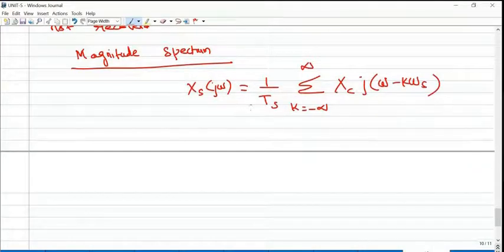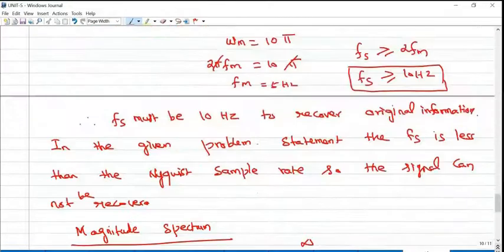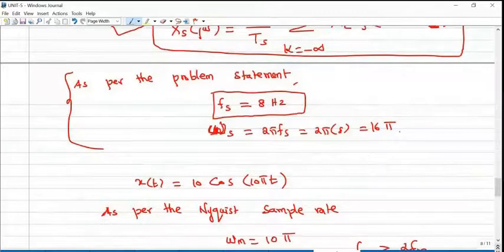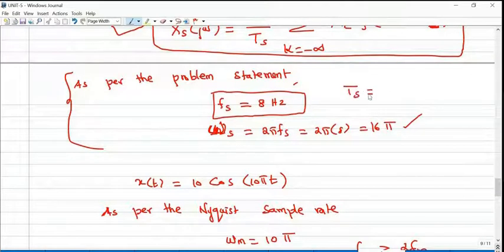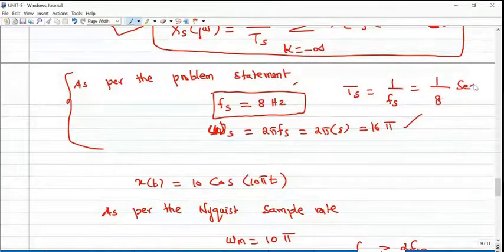So what information do we need now? X c of j omega, that we got already. Next Ts, next omega s. Omega s we calculated already. This is our omega s. If you want Ts, Ts equal to 1 by Fs, so 1 by 8 second.